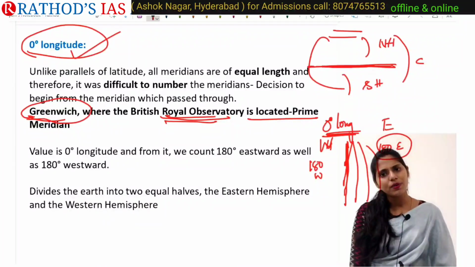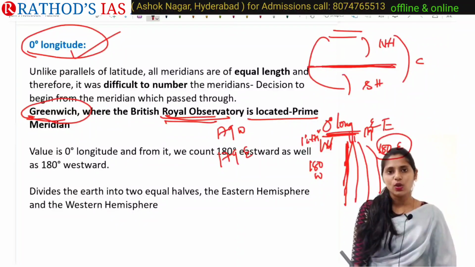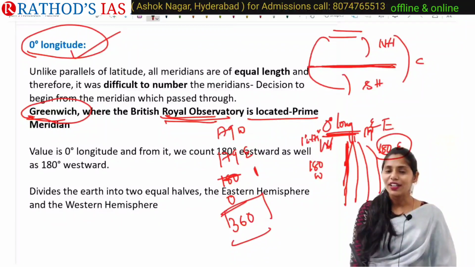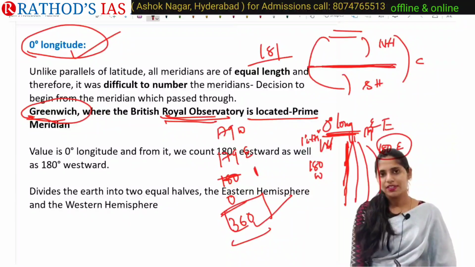Totally, how many longitudes are present? From 1 to 179 east, and 1 to 179 west. That means 179 west longitudes, 179 east longitudes, one at 180, and one at 0 degrees. So totally we have 360 longitudes. Latitudes will be 181, here longitudes will be 360.